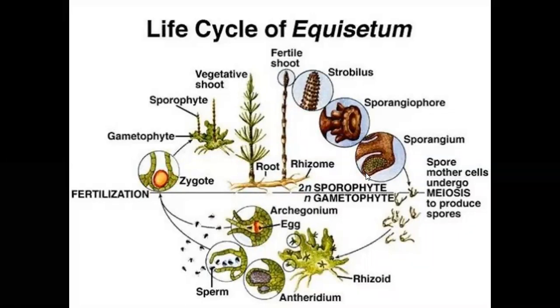So this type of life cycle is also called alternation of generations. Alternation of generations is present in the Equisetum life cycle.